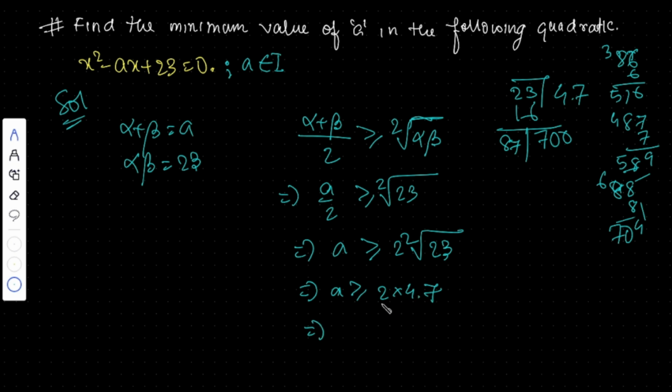We need to find the minimum integral value. It becomes a greater than or equal to 2 times 4.7, which is 9.4. Least value, minimum value, a belongs to integers: 9.5 is greater than 9.4, so the least value is 10.